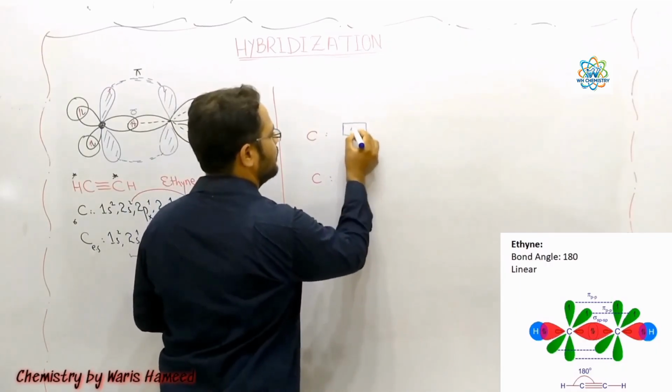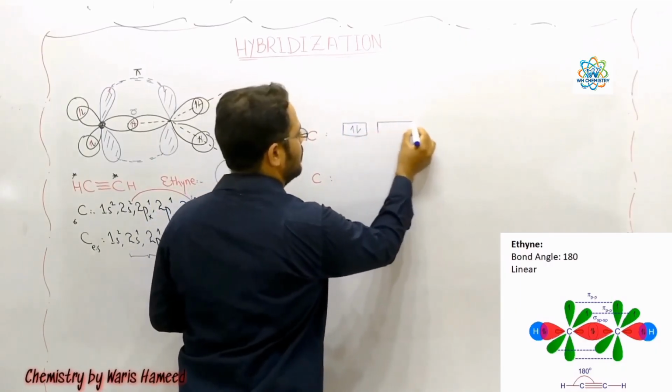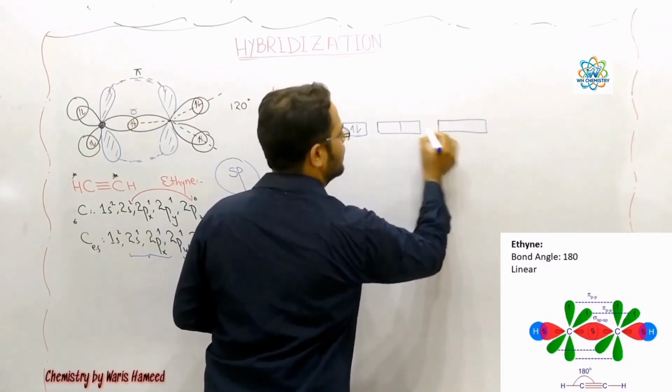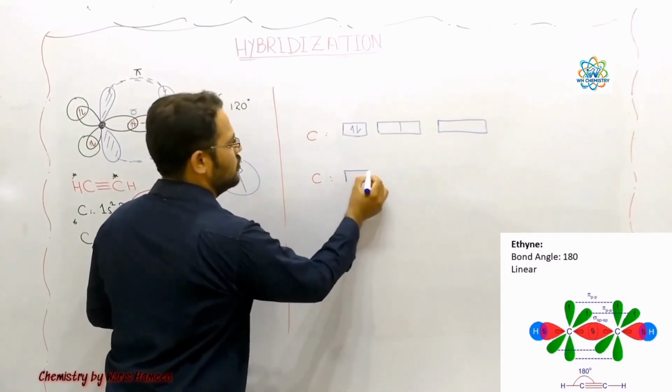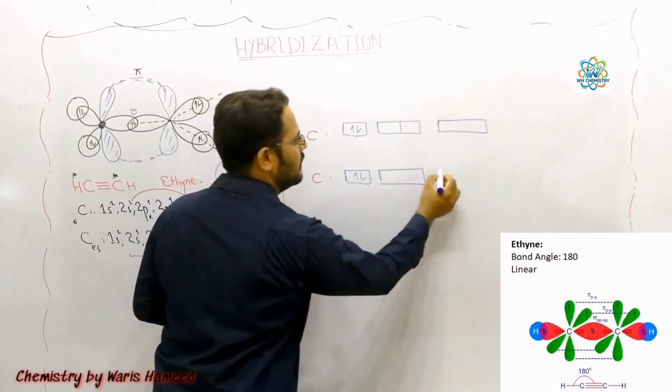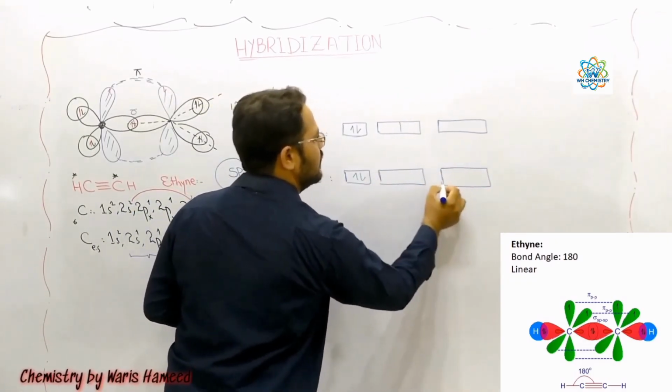One has two hybrid orbitals and two unhybrid orbitals.